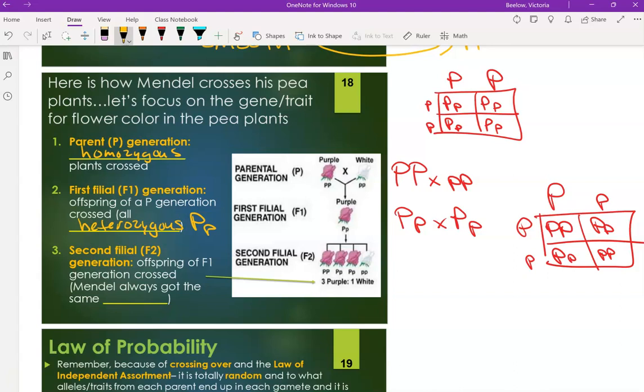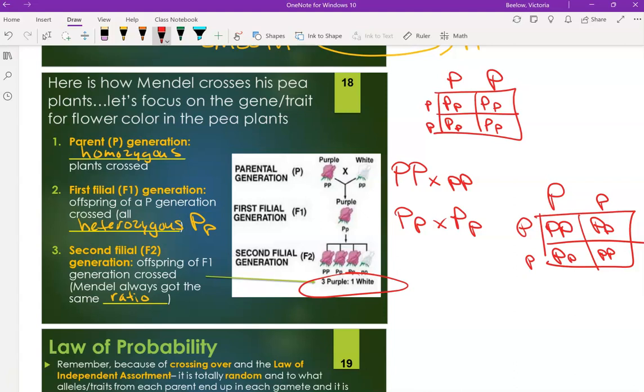And every single time he did it, he got the same ratio. So whenever we cross two homozygous pea plants, we get the first generation, which are all heterozygous. If we cross the heterozygotes together, he kept getting this 3-to-1 ratio. And this happened every single time he repeated this.